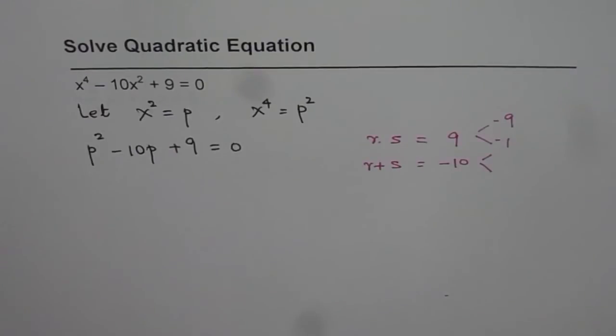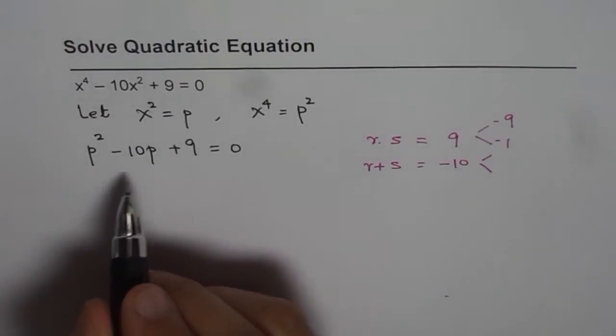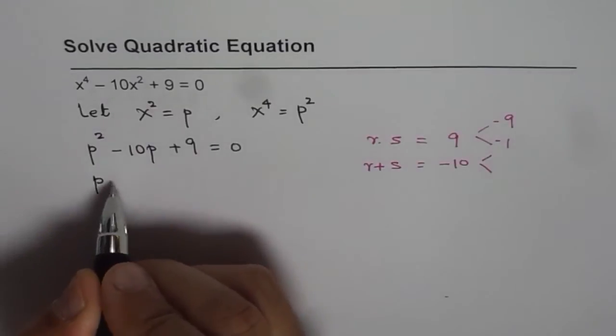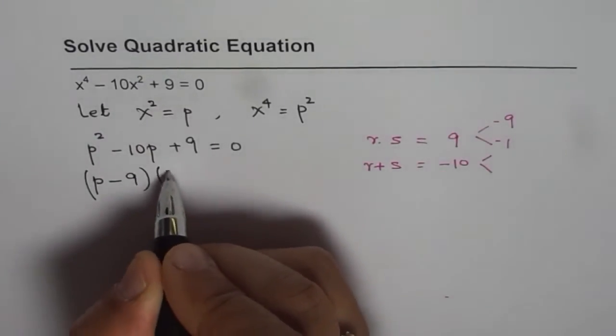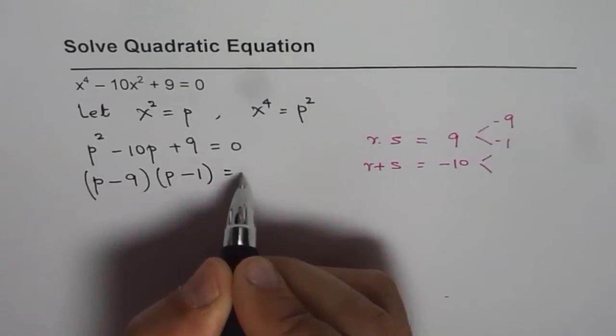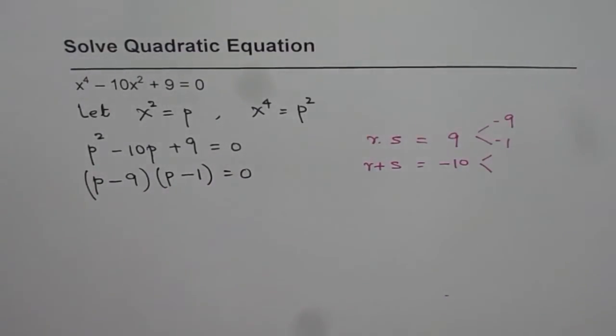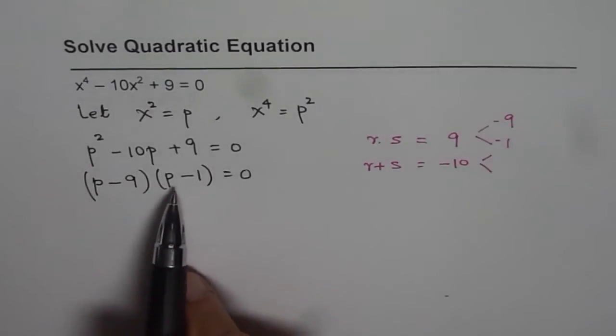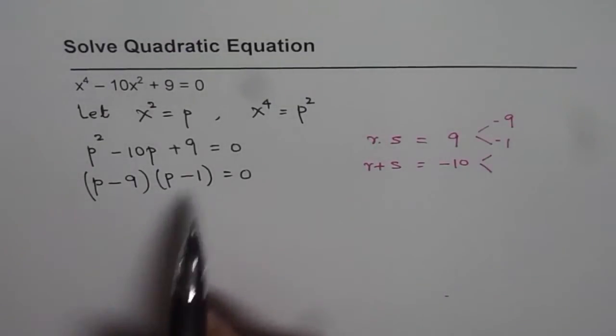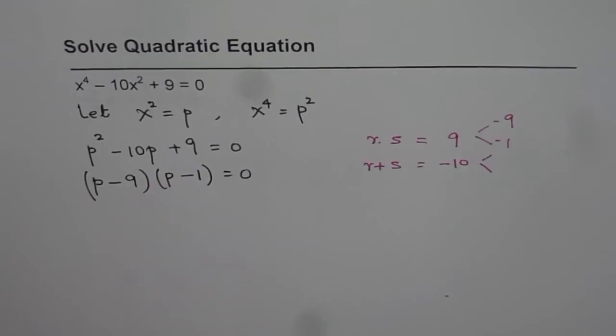So using these numbers, we can factor the equation, and it could be written as p minus 9 times p minus 1 equals 0, right? So we factor this equation. Now we have p minus 9 times p minus 1 equals 0. That really means that we have two solutions now, right?